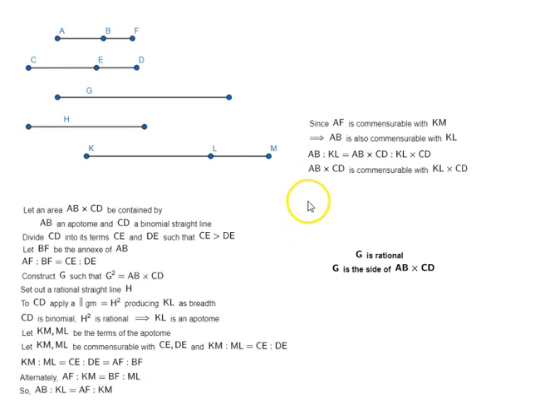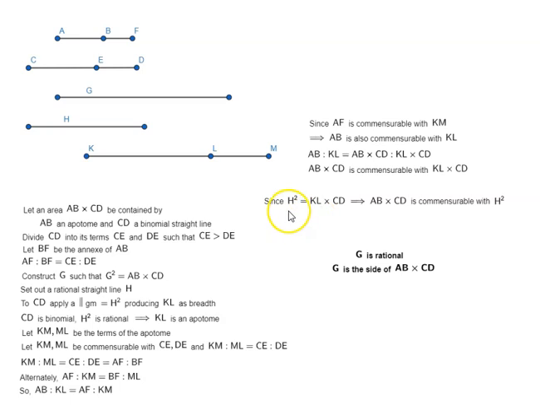So AB by CD is also commensurable with KL by CD, because AB is commensurable with KL. And since the square on H is equal to KL by CD, AB by CD is commensurable with KL by CD.